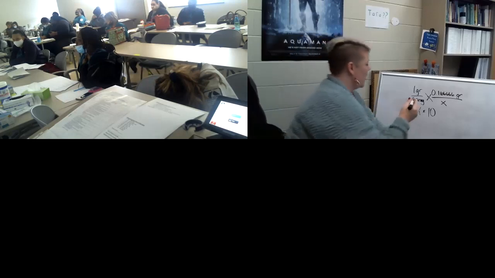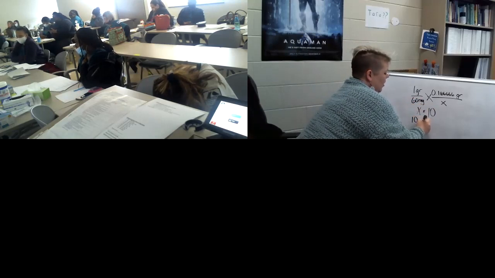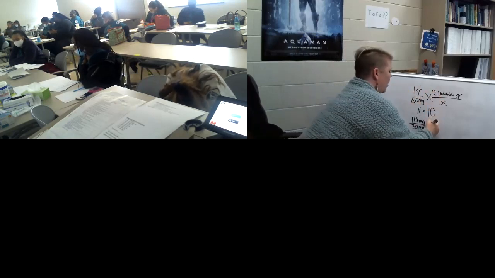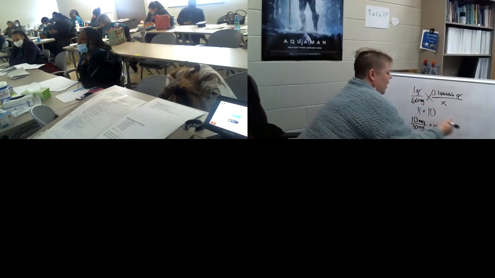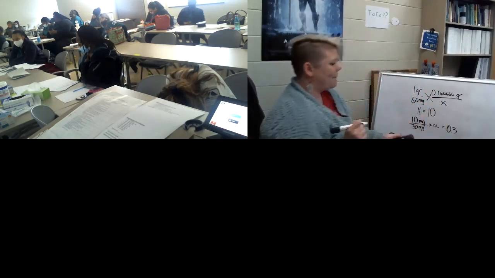So it's 10 milligrams is your order. 30 milligrams is what you have on hand per milliliter. So 10 divided by 30 is 0.3 milliliters.